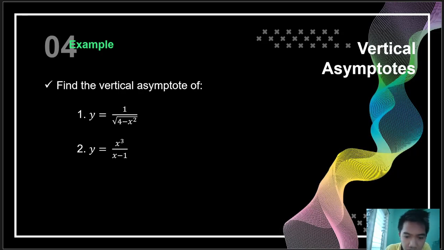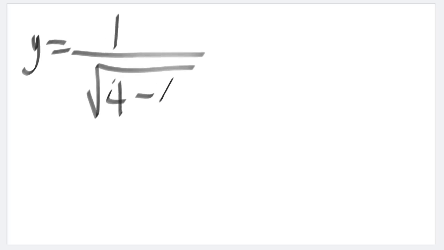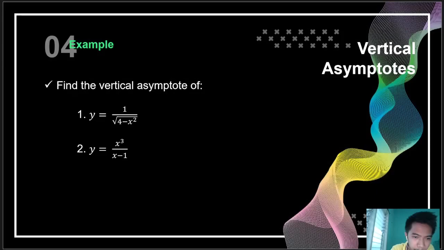Okay, let's have this example. Find the vertical asymptote of y equals 1 over the square root of 4 minus x squared.